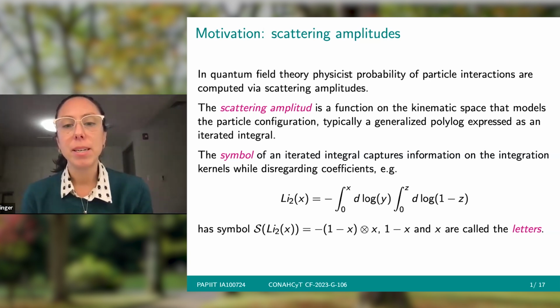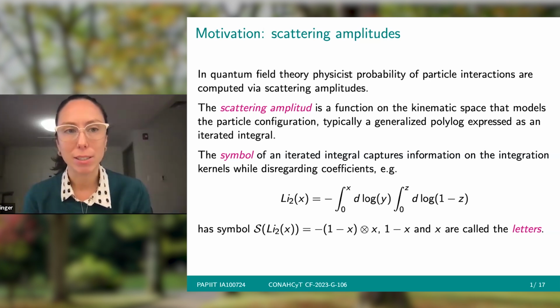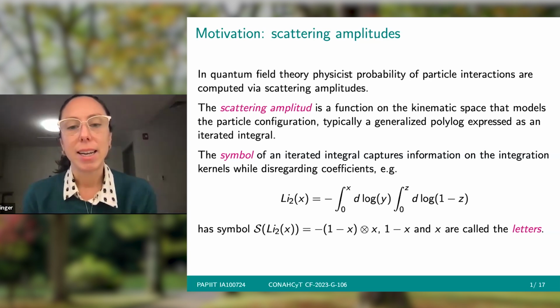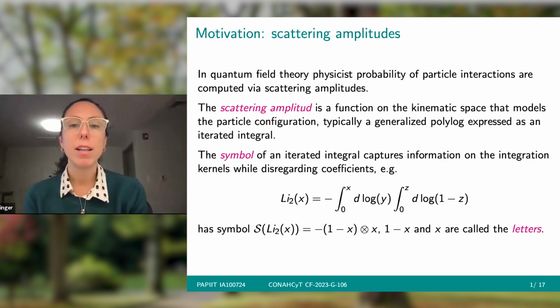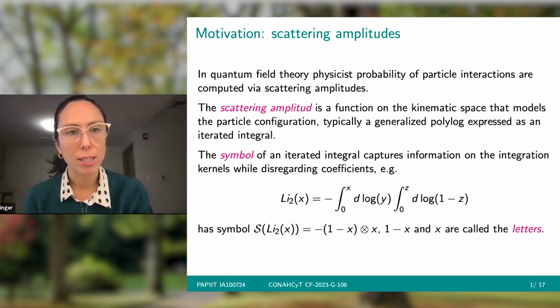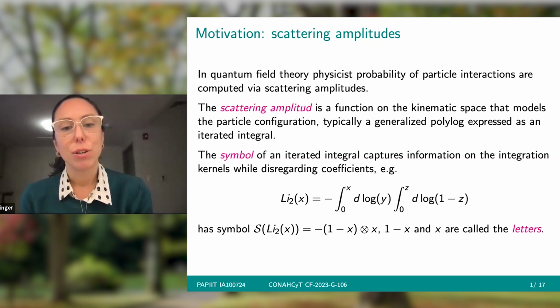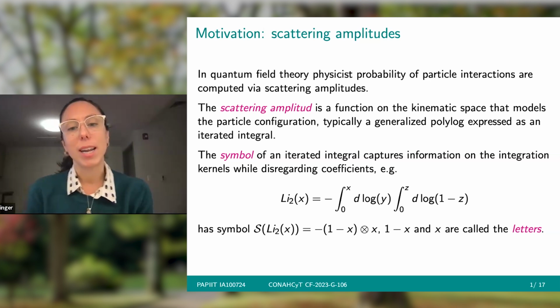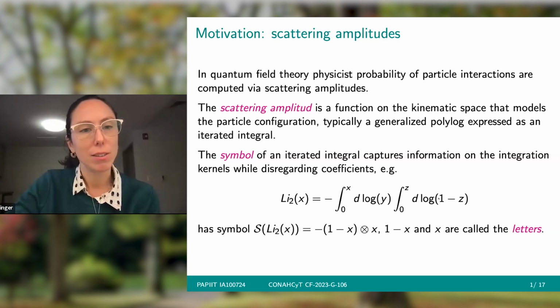Here's an example of the dilogarithm and how I can express it as an iterated integral. Instead of dealing with the whole integral, I can consider its symbol, which essentially just reads off the information of the integration kernels and forgets about potentially the coefficients. In the case of Li2, what I get is just the arguments of the dlogs that appear in the iterated integral.